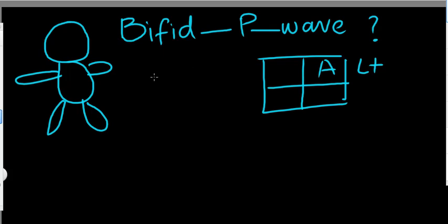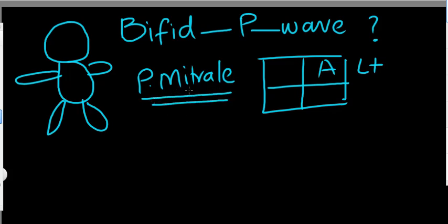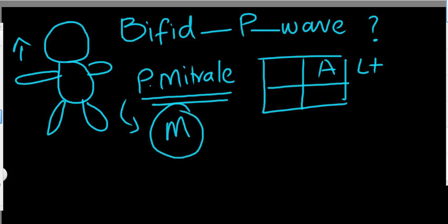This is called P mitral. The P mitral can also be remembered through this: this guy has a lot of mass and you have M in mitral here, so you can remember this through tricks.